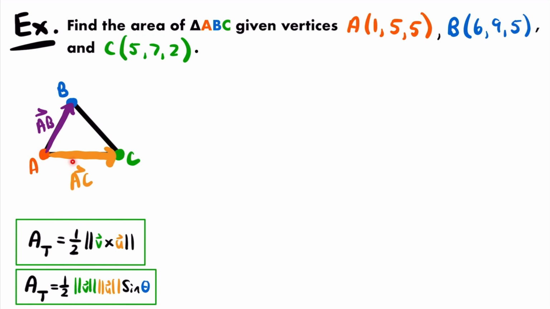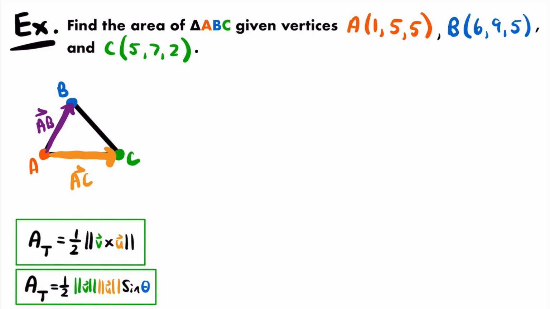Okay, and so once we find those two vectors, then all we have to do is take the cross product of those two vectors, find the magnitude of that cross product, and then multiply by 1/2. All right, that's going to be our method for finding the area of this triangle. This second formula doesn't really apply to this particular example because we don't have the angle between any of our adjacent sides, or the angle between our vectors.